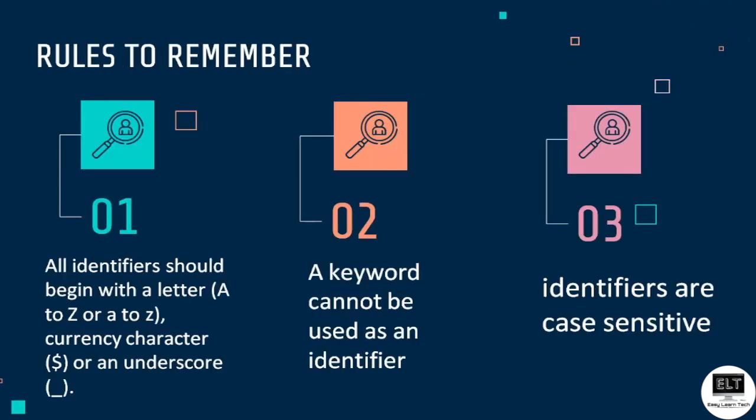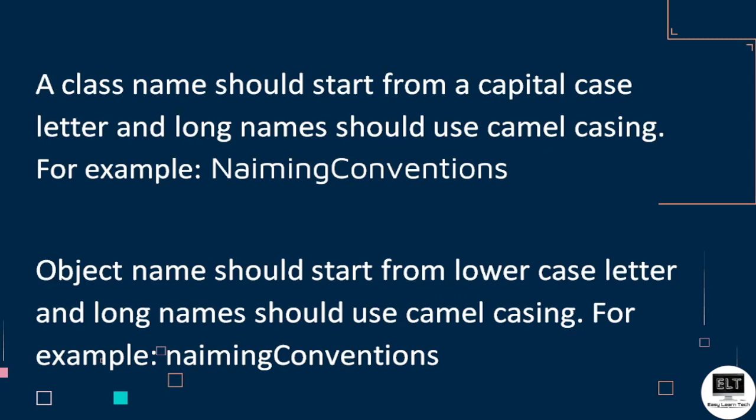There are some rules to remember: all the identifiers should begin with a letter, currency character or an underscore. A keyword cannot be used as an identifier. Identifiers are case sensitive. A class name should start with a capital letter and a long name should use camel case.